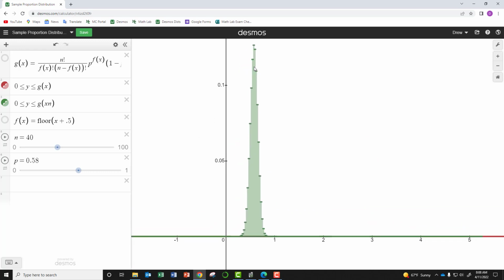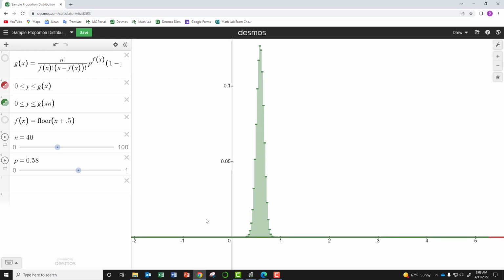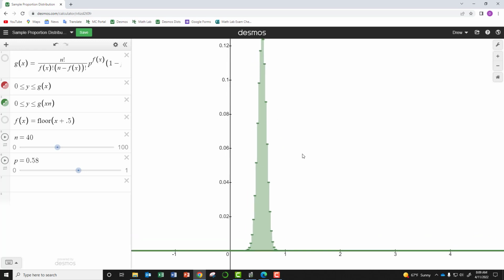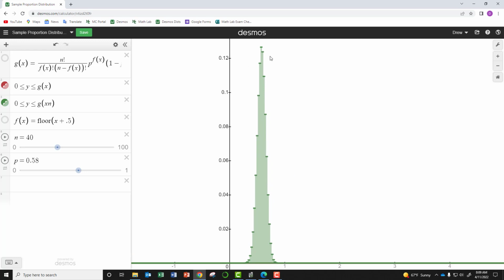Because you can't have a negative proportion of border collies, and you can't have more than 100% border collies, right? So the whole distribution has to fit between 0 and 1, but I want you to notice it inherits the same binomial shape. It's just squished together a little bit more, which means that if n times p times 1 minus p is greater than 10, then this is still approximately a normal distribution because it has the same shape.